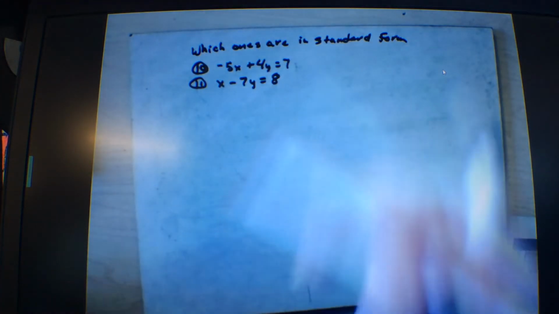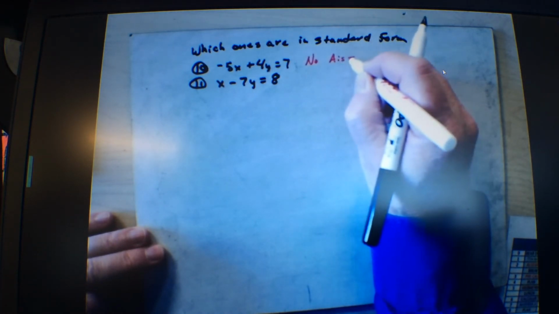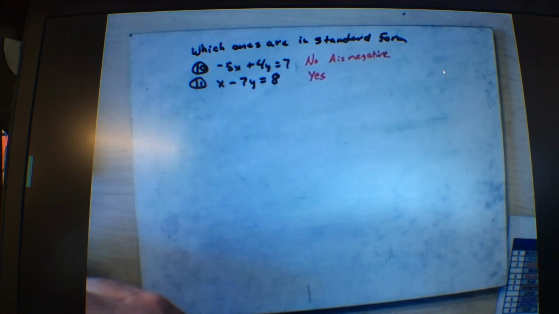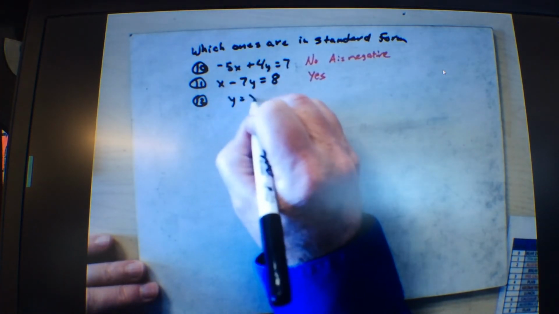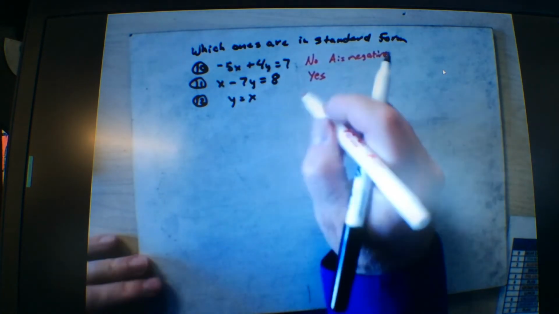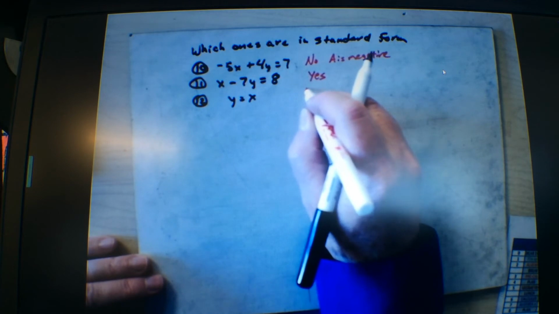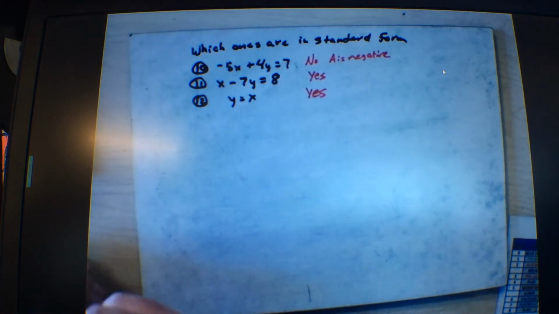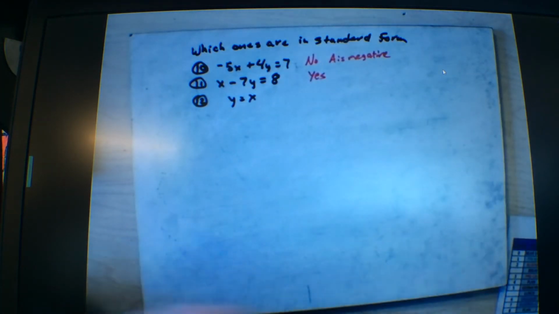What about this one? This one was no. What about the next one? Yes. Okay. What about this one? It is. Oh no, it's not. I'm sorry. Why not?